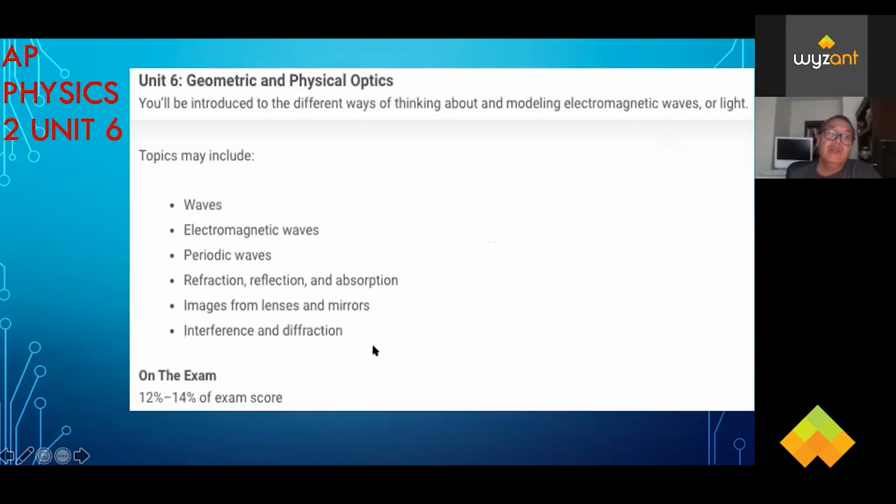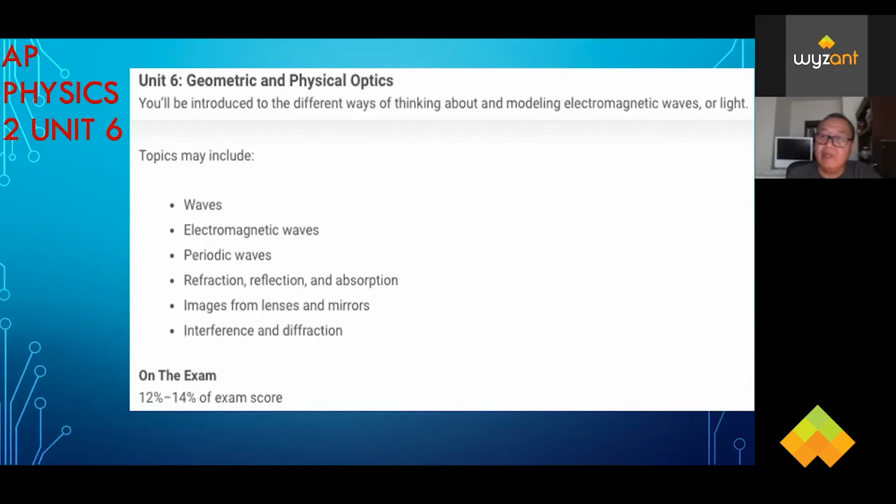So Unit 6, that's geometric and physical optics. In this unit, you need to learn the different ways of thinking about modeling electromagnetic waves or light.